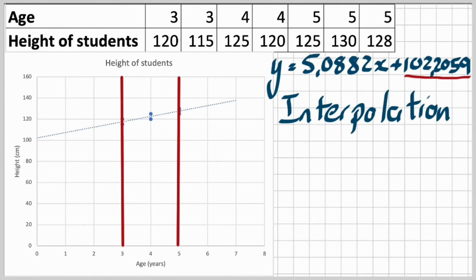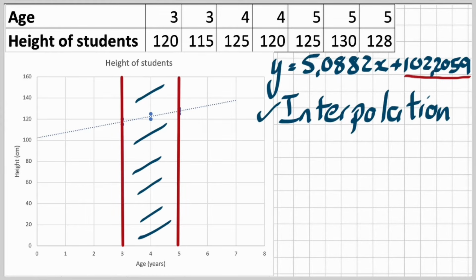That we call interpolation, and that is safe. You can definitely make estimates for any values between 3 and 5 years old for these kids. Not for all kids, for these kids.